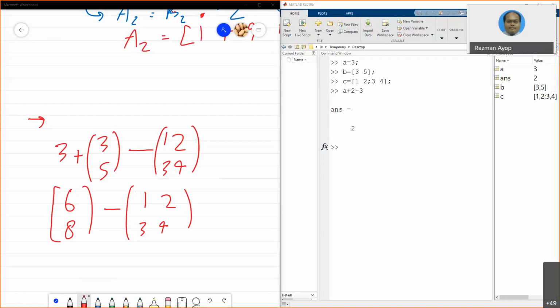So usually I do it with a similar size, but different size, I'm not sure whether it can or not.